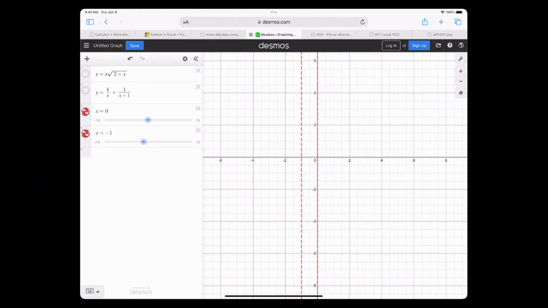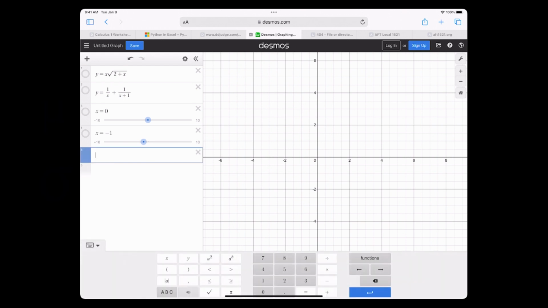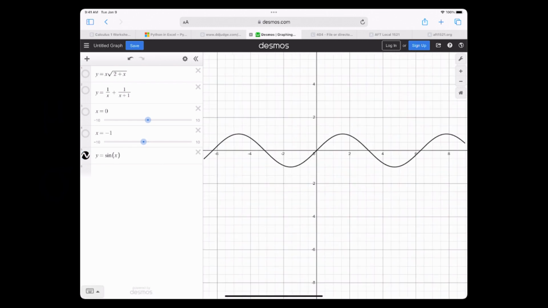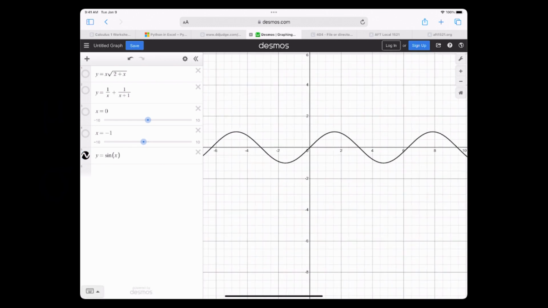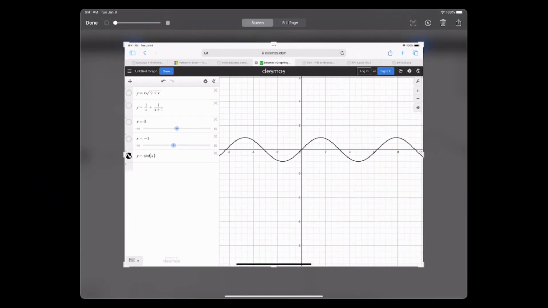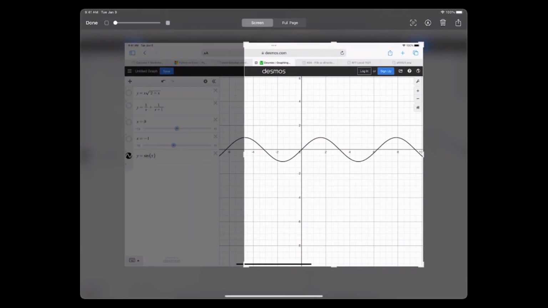I'm going to get rid of that and that. We say y equals sine of x. Here's a nice sine curve, and I'm going to bring that into our lecture just to go over the details, because the devil's in the details.